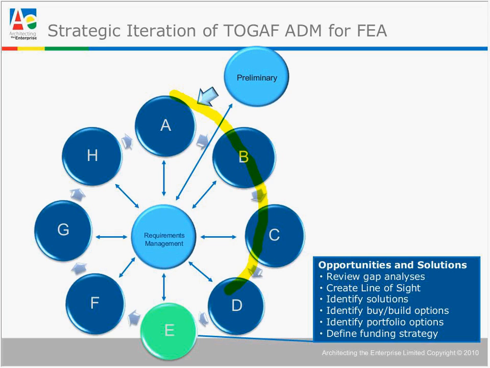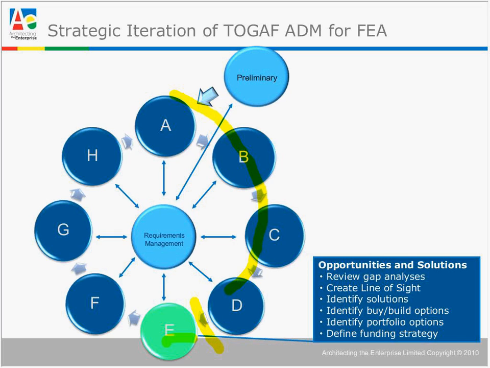And at this point, at the end of D, we have defined our architecture in all domains: application, data, and technology. So now in phase E, we are in a position to actually get solutions.